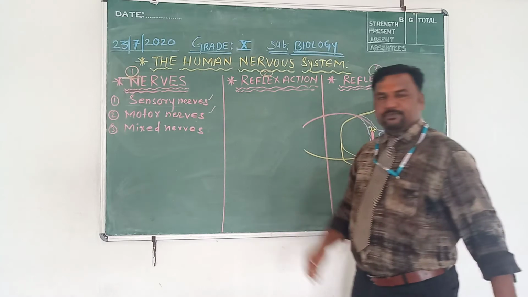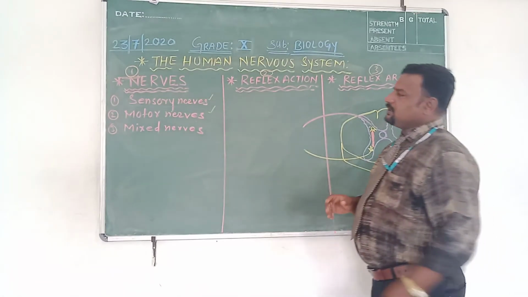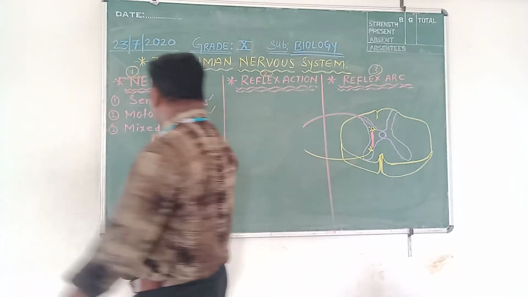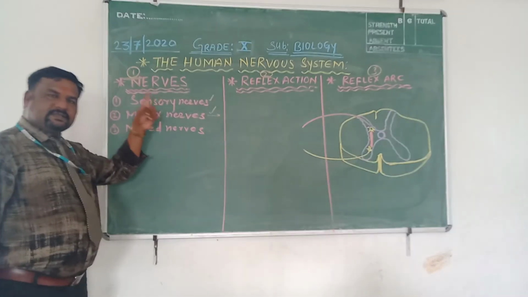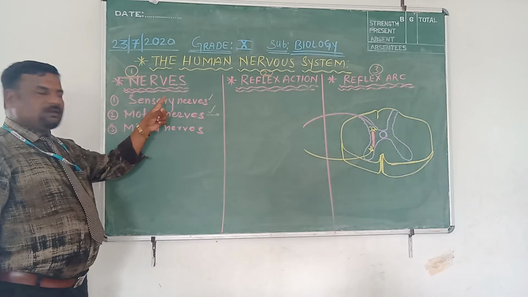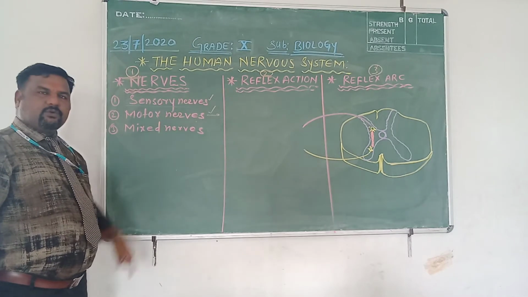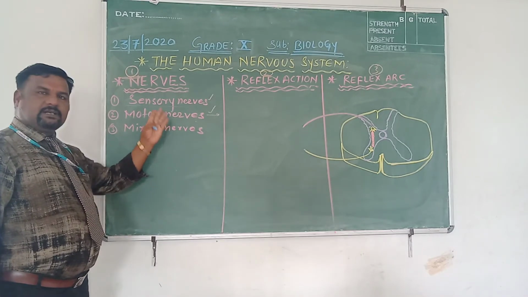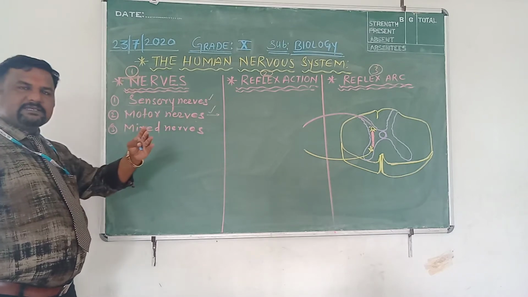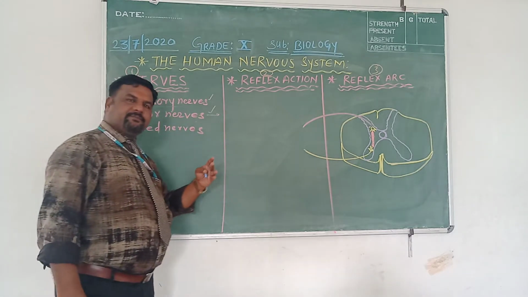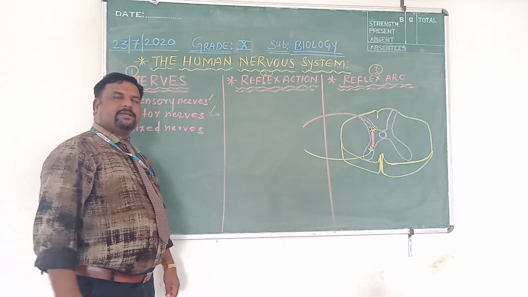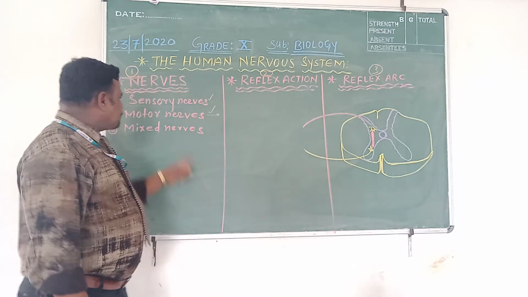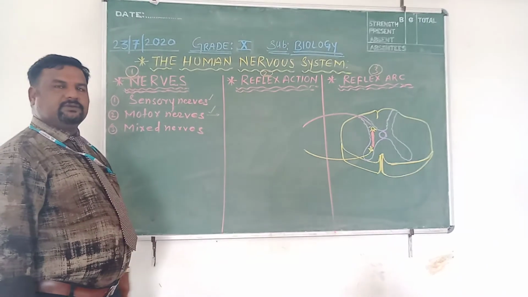The next one is motor nerves. Motor nerves have only motor nerve fibers, and they are responsible for bringing the nerve impulses from the brain back to the spinal cord, and from the spinal cord back to the effector organ. This is the function of motor nerves.